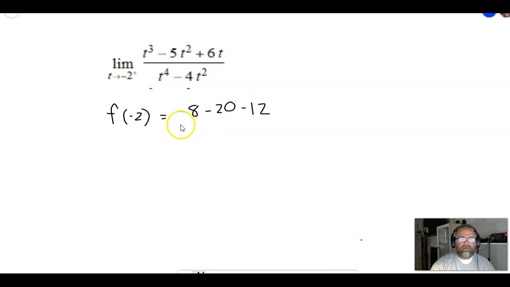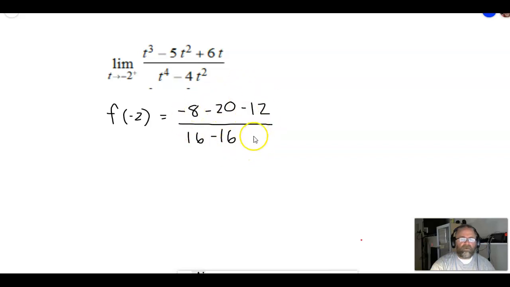All right, and then on the bottom here, we're going to have t raised to the 4th power, which is positive 16. That's -2 raised to the 4th. And then minus 4t squared, so that's going to be 16.